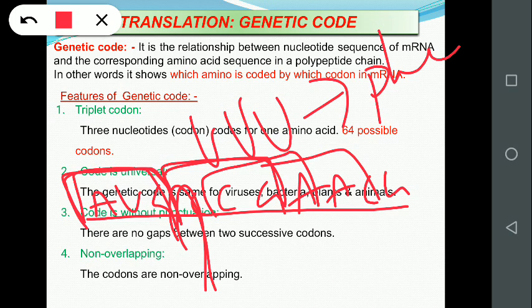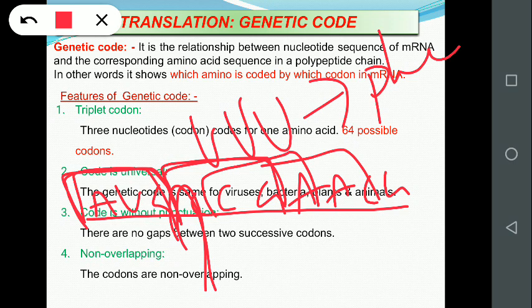This creates a lot of confusion: must all the nucleotides be read continuously, or should we ignore some bases, and if so, which bases must be ignored?